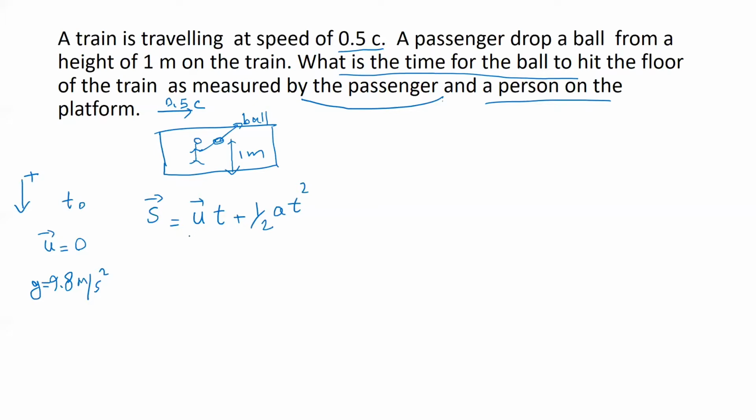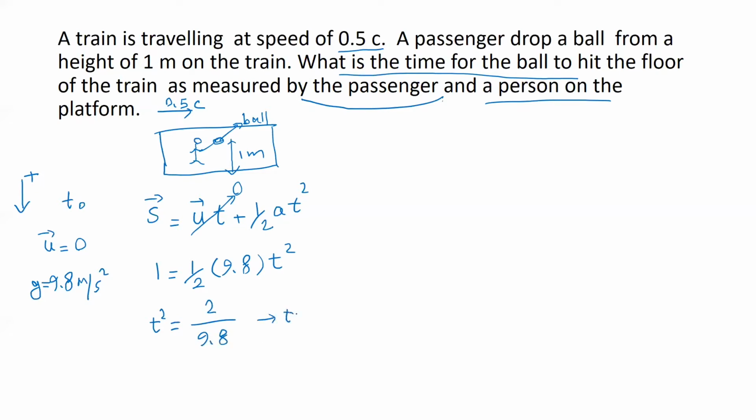Because u is 0, this part is equal to 0. So s, which we know is 1 meter, equals half times 9.8 t squared, because I said downward is positive. As a result, t squared equals 2 divided by 9.8.